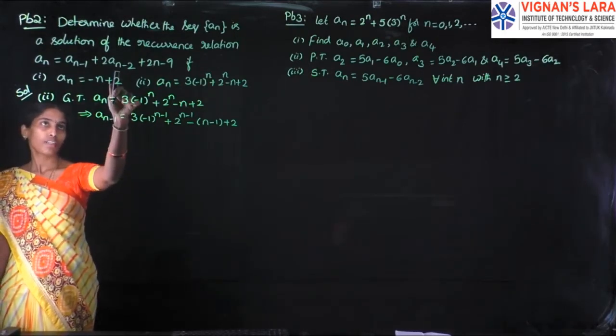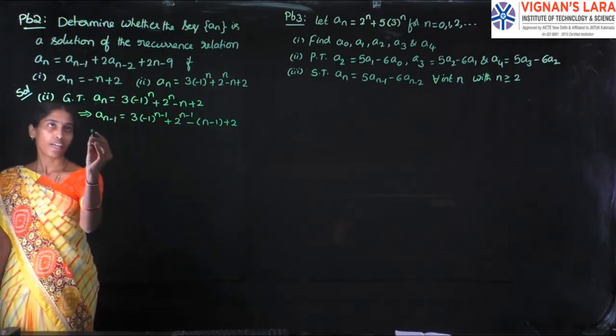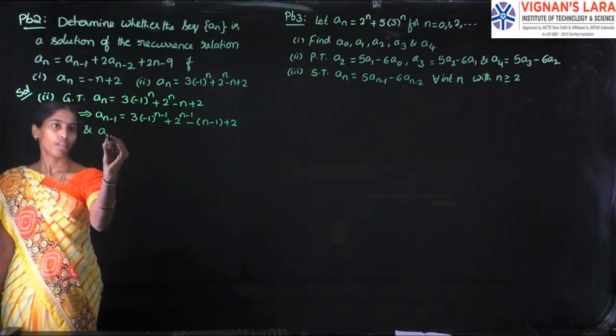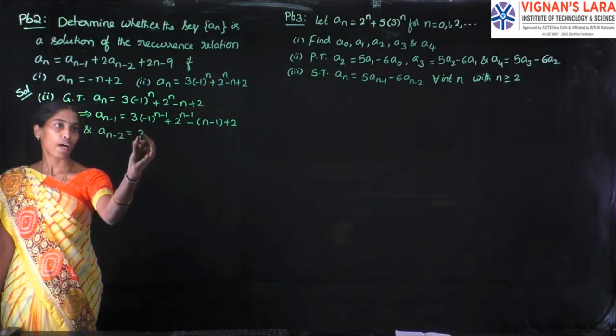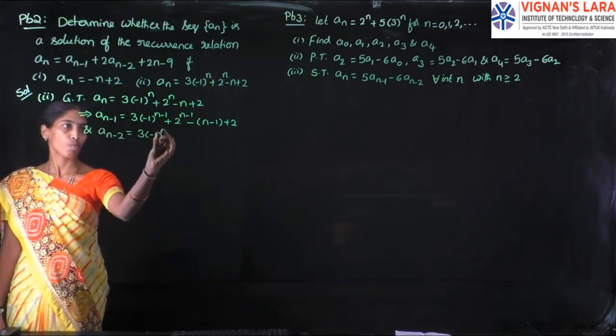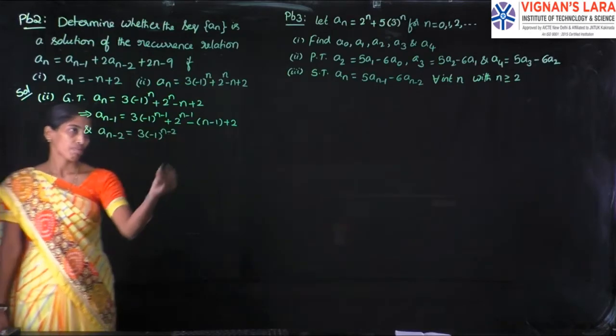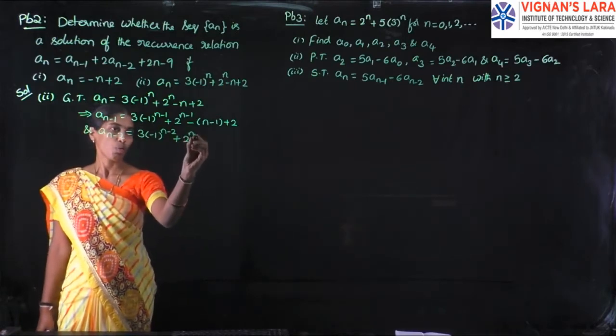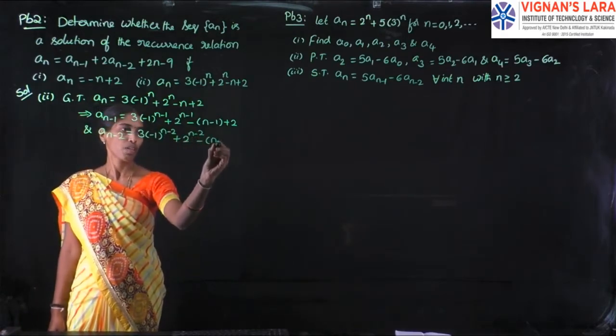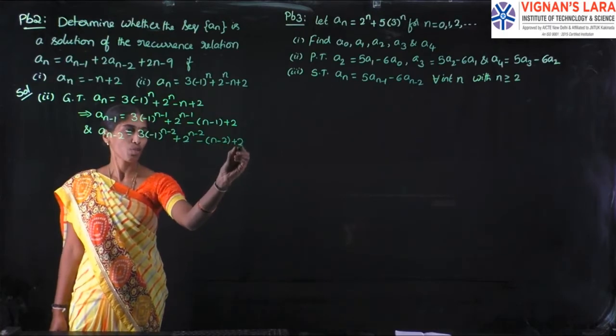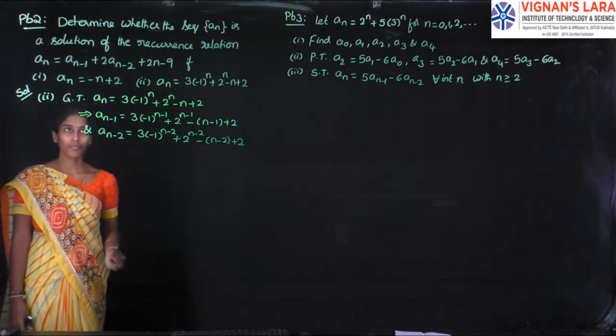The next term involved in the recurrence relation is an-2. So write the an-2 value also: 3(-1)^(n-2) + 2^(n-2) - (n-2) + 2. Right.